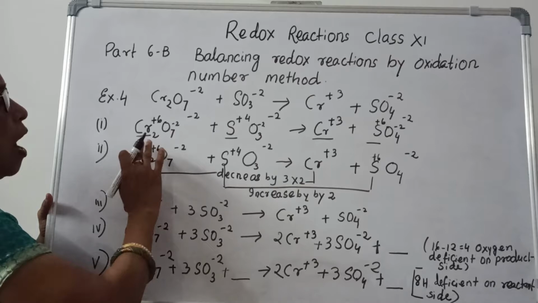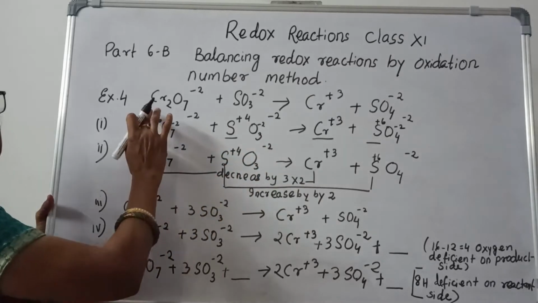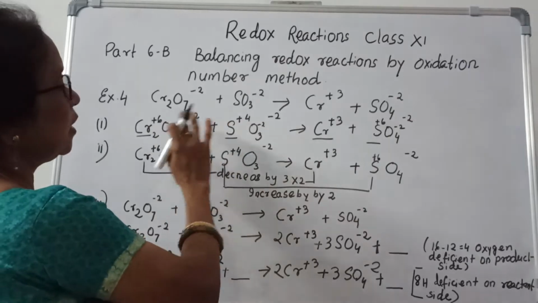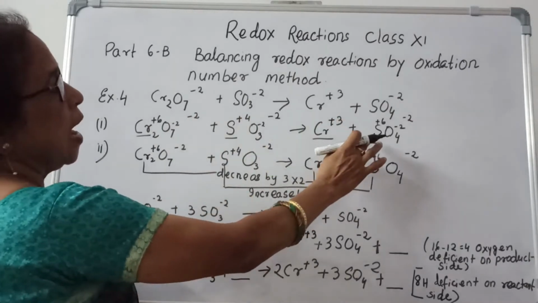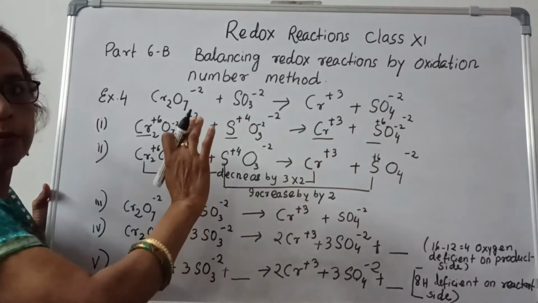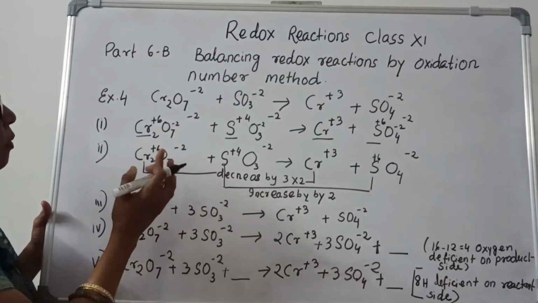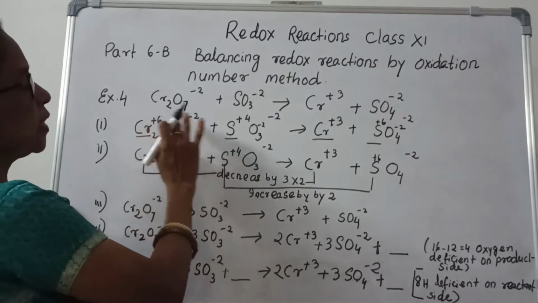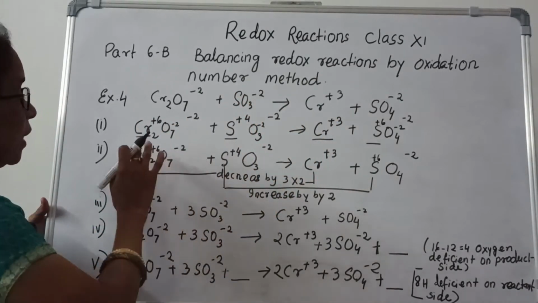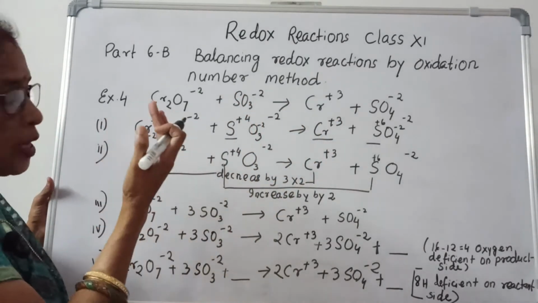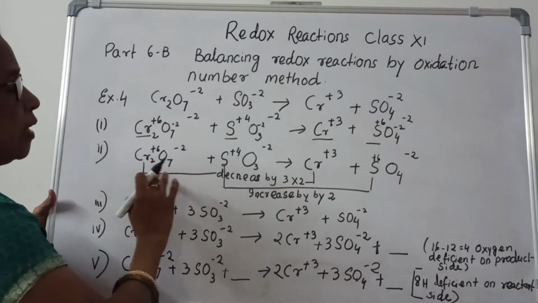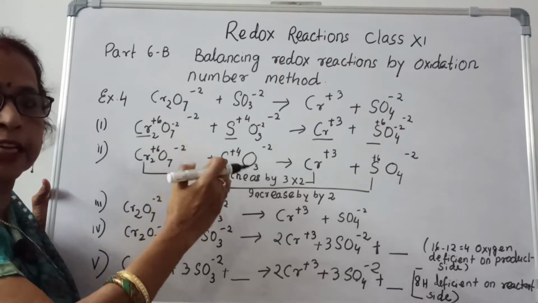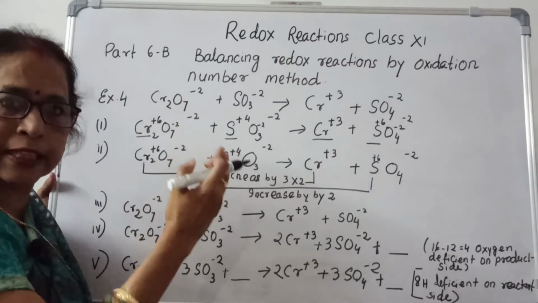Again see, after calculating, Cr is +6, S is +4, and it changes to Cr plus 3, and S changes to +6. What you observe here is Cr +6 changes to +3, but it happens 2 times. That is why +6 changes to +3, which means the oxidation number decreases by 3.